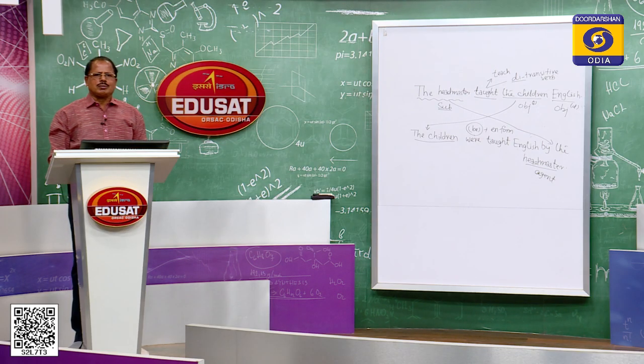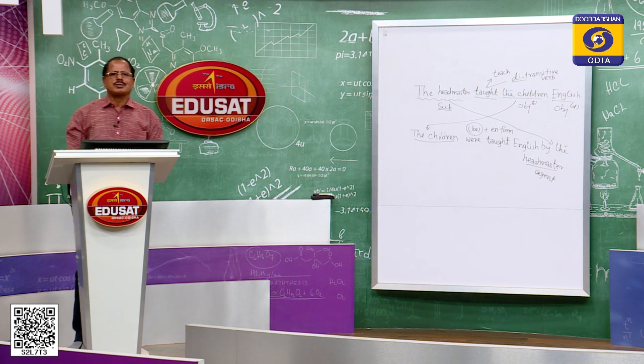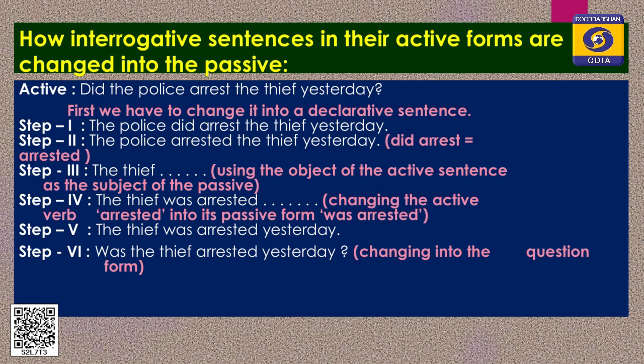So, the last thing is a very important thing, how we can use the interrogative sentences in the active forms. Did the police arrest the thief yesterday? You see, we have to follow certain steps. First, make it declarative. The police did arrest means the police arrested the thief yesterday, and the object, the thief, will be the subject.